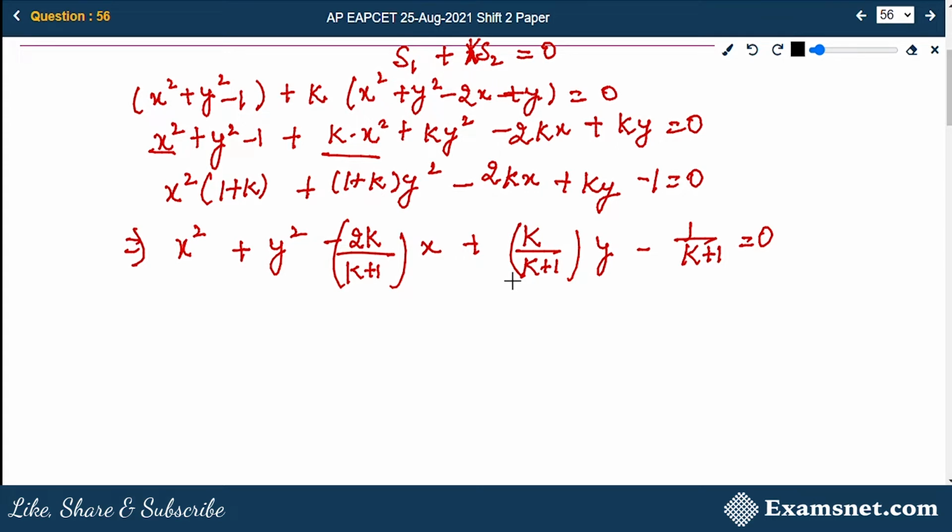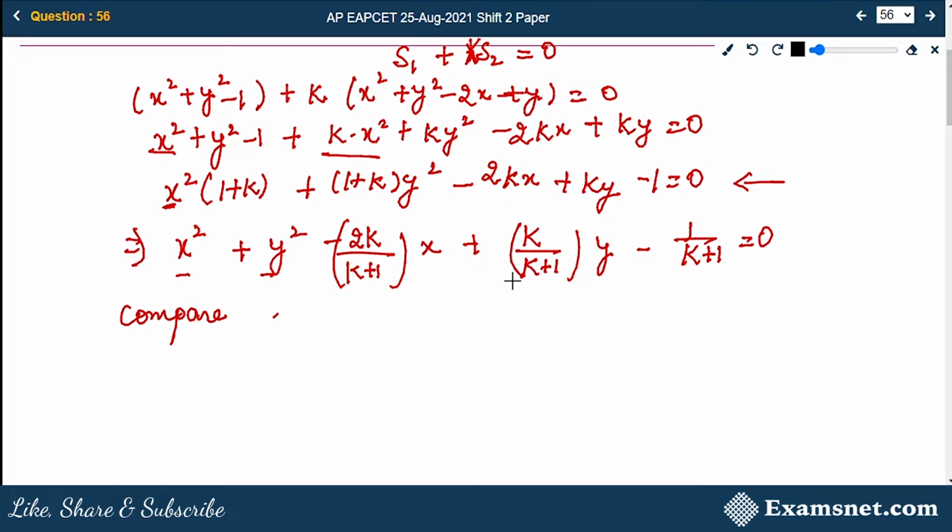Why did I divide this whole equation by k plus 1 on both sides? To get a single coefficient of x square and y square, to make our calculations easier, so that we can compare them with the general equation of the circle.